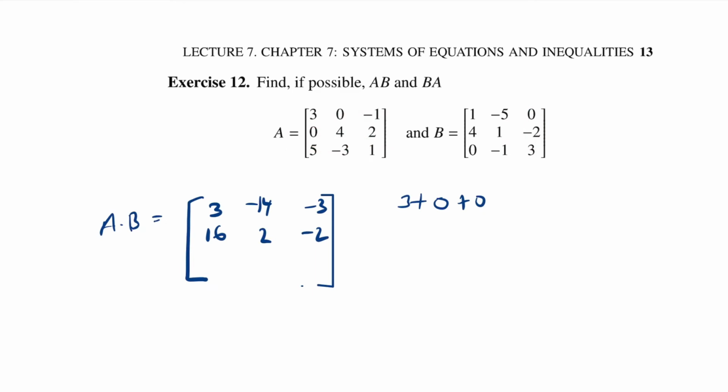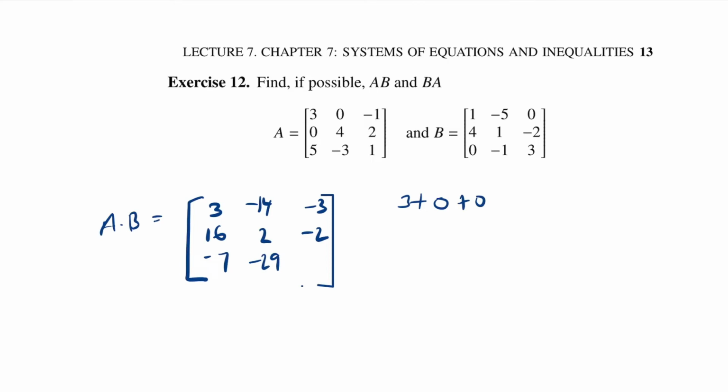Then the last row, first column, that's going to be 5 minus 12 plus 0. 5 minus 12 is negative 7. That's going to be negative 25 minus 3 minus 1, which is negative 29.